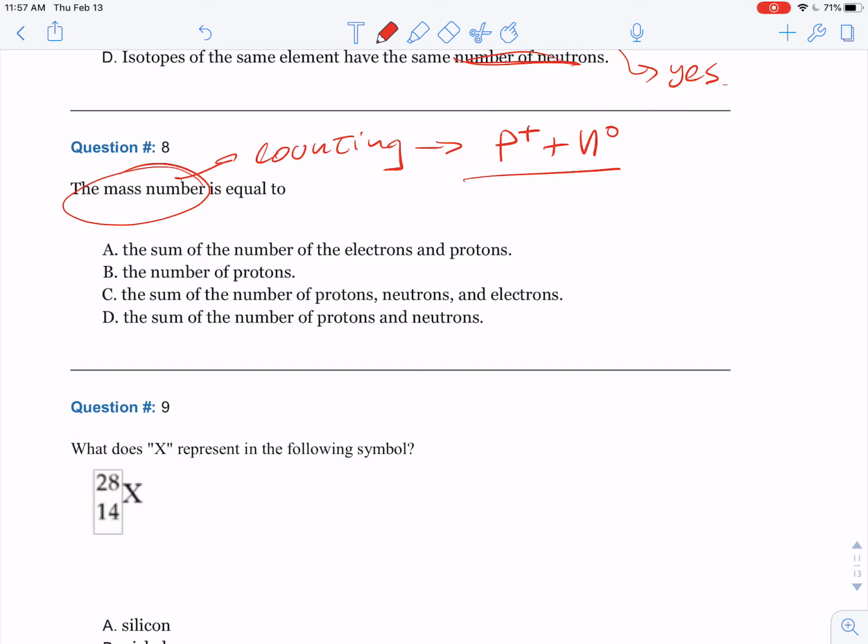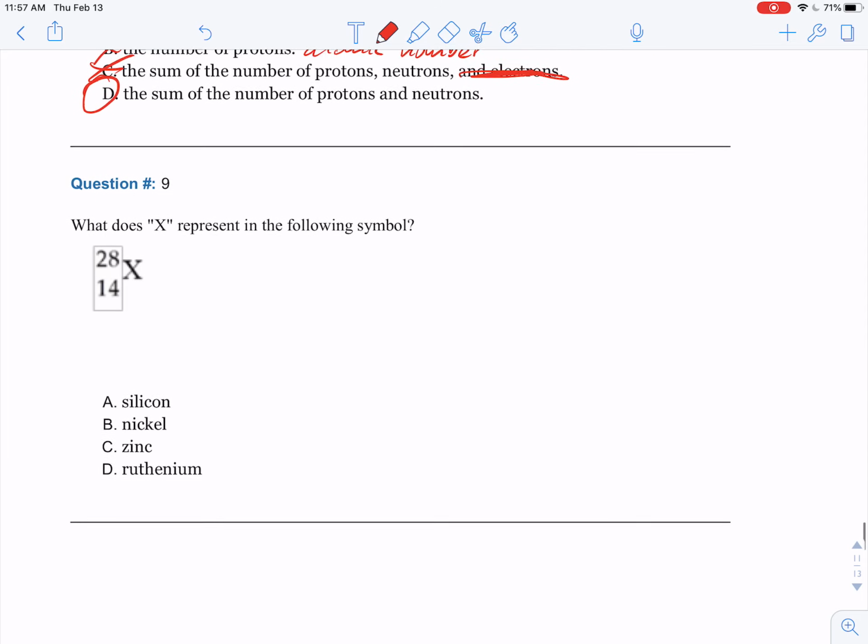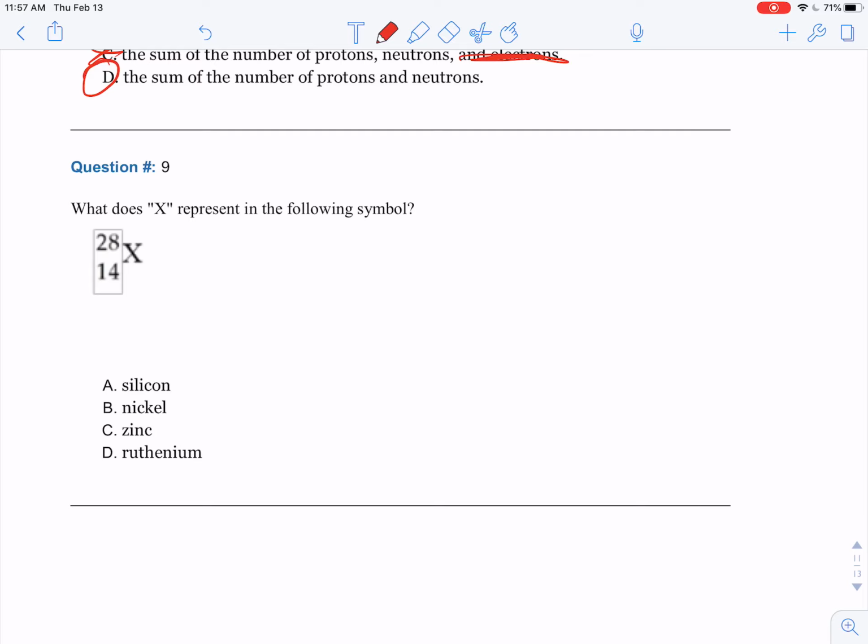The number of electrons and protons, nope. The number of protons, no, that is the atomic number. So these two are incorrect. The sum of the number of protons, neutrons, and electrons? We take this and we'll be good, but no, it's not it. It's the sum of the number of protons and neutrons. Now, what is X in this symbol?